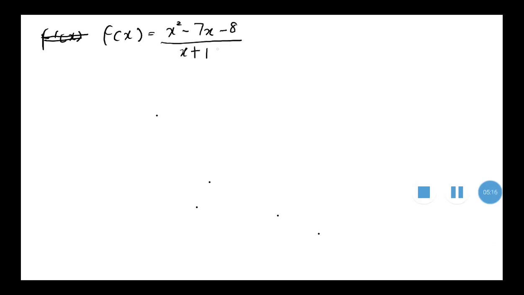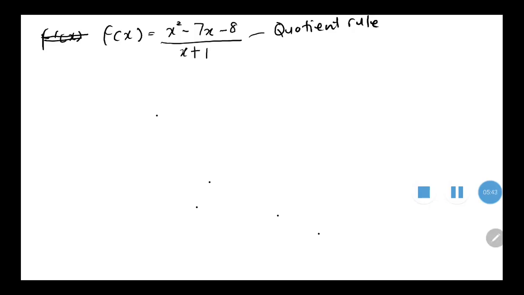For this type of question, you have to use the quotient rule. When should you use a quotient rule? When you have to do a division, or pecahan. When you have pecahan, you have to use this quotient rule.